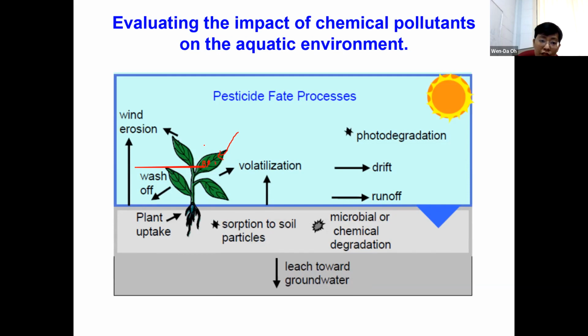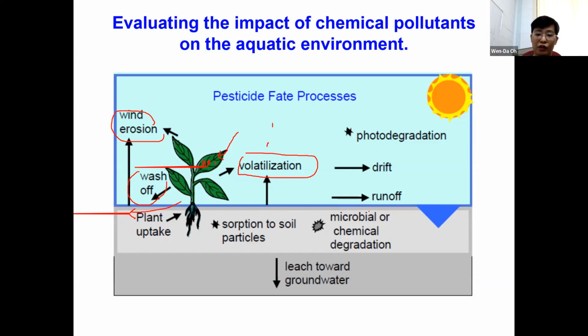For example, these pesticides can undergo many kinds of fate. Okay, it can be transported through wind erosion, which means that it can actually go from one point to another point. It can be washed off, which means that it is washed by the rain, going into other places. It can be airborne, which means volatilized. Okay, all those can become gaseous species. Some of your pesticides can be absorbed by the soil.